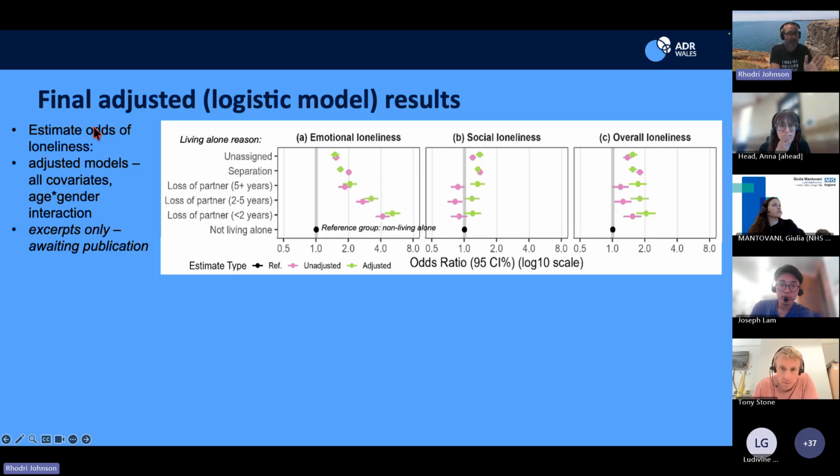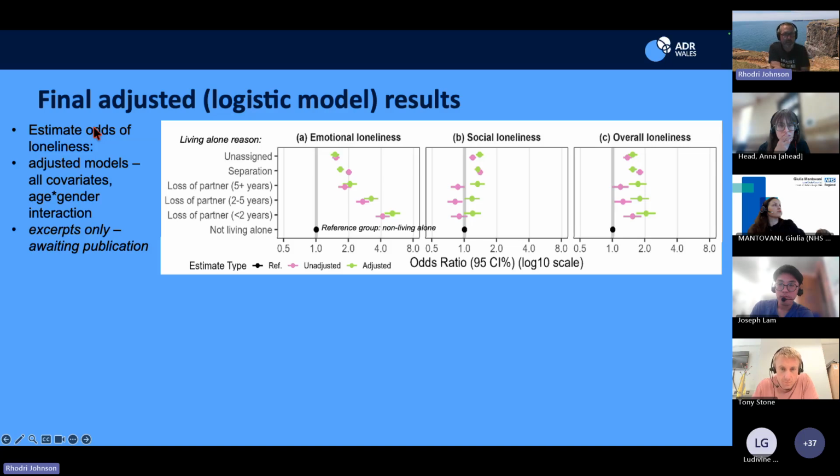You can see quite clearly there's a gradual increase in reported loneliness for people who've lost their partner more recently, and there's increased odds for all of the people living alone compared to not living alone. Especially for the emotional loneliness, the models were developed on that scale and repeated across the other 2.